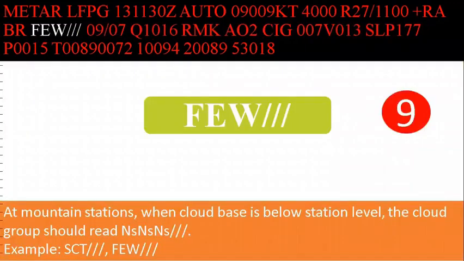At mountain stations, when cloud base is below station level, the cloud group should read like this: scattered /// or few ///. So here / means cloud height is not available or the clouds are below airport elevation.